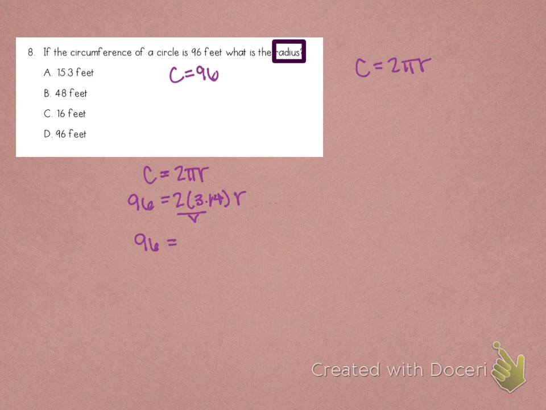We're just doubling all the numbers. That's 6.28r. Okay, so now here we have a one-step equation. It's multiplication, so we're going to do the inverse operation, which is to divide.